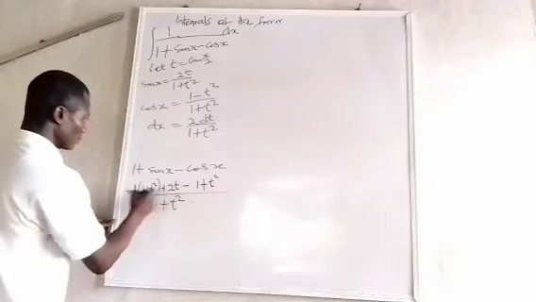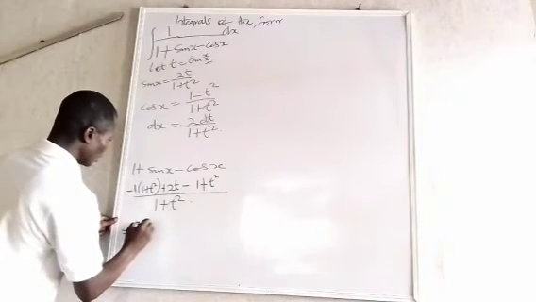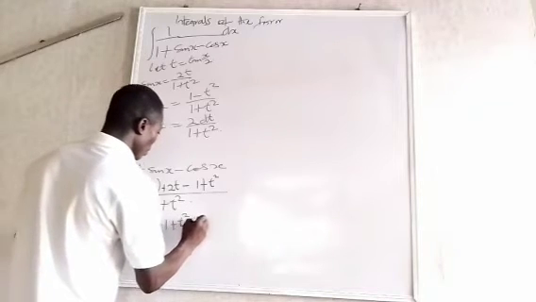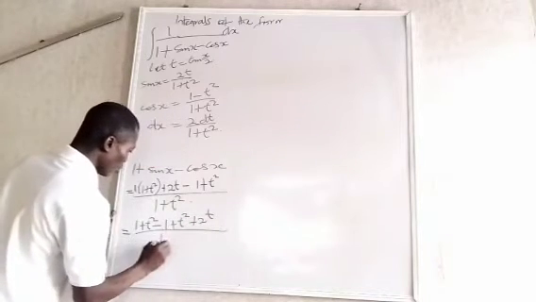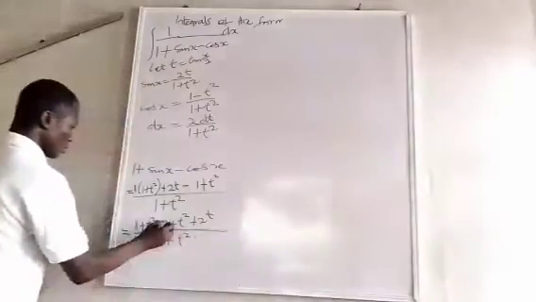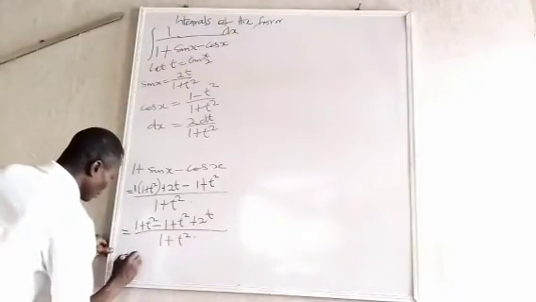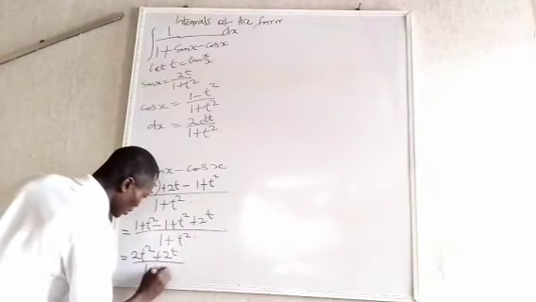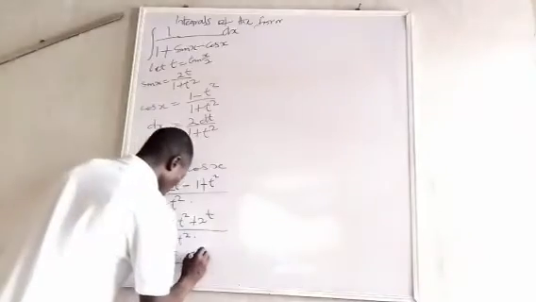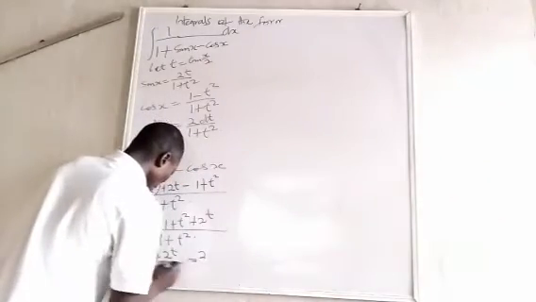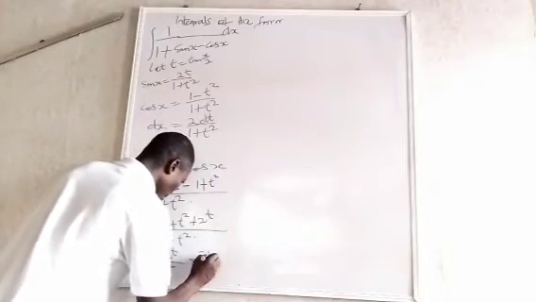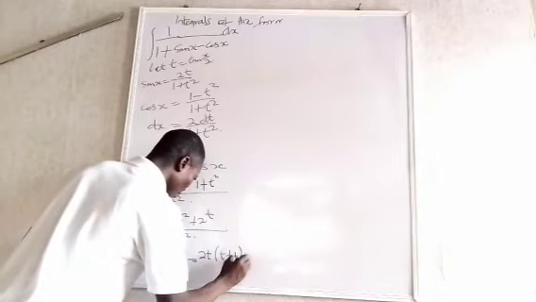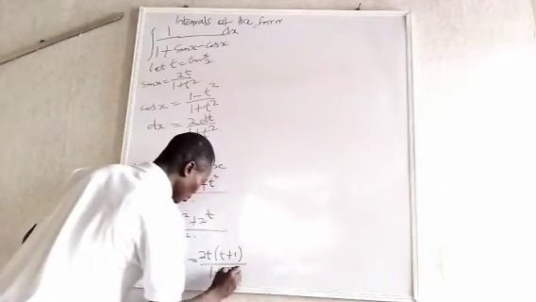So it's going to be 1 plus t squared minus 1 plus t squared plus 2t over 1 plus t squared. So this one will move out. So we are going to have 2t squared plus 2t over 1 plus t squared, which is 2t into t plus 1 over 1 plus t squared.